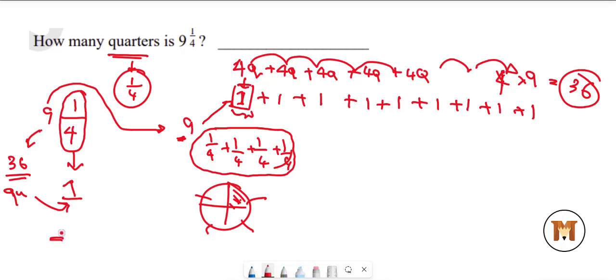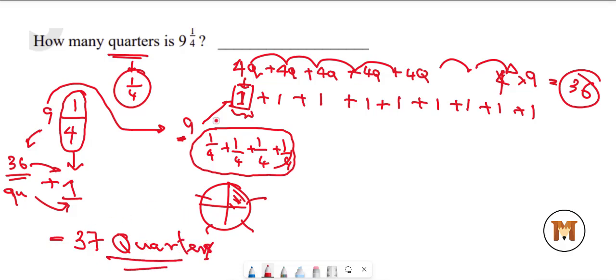With this one, that comes to 37 quarters.